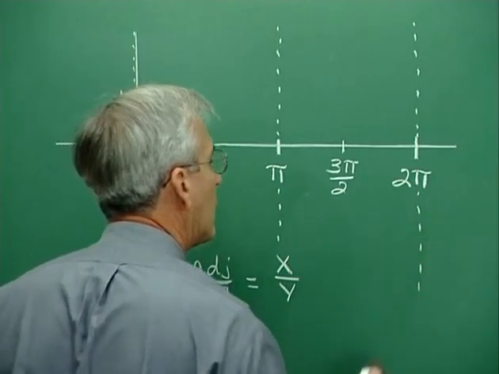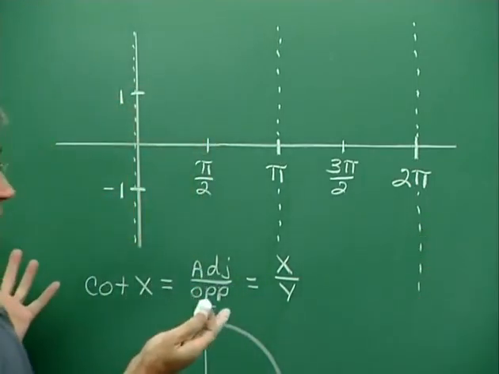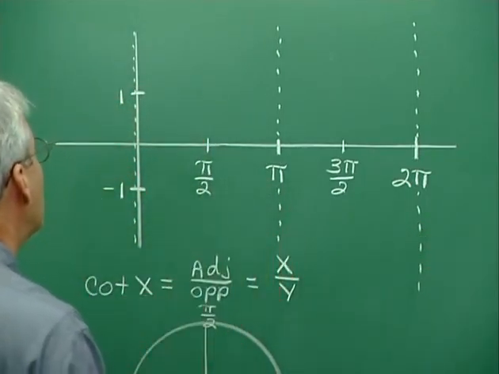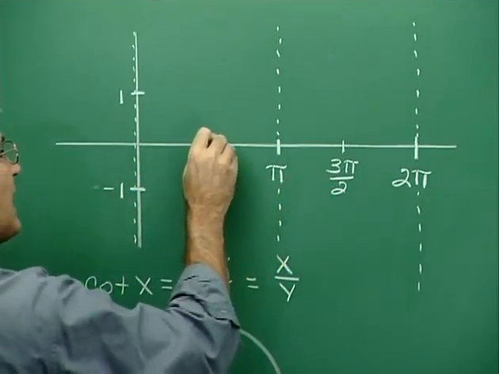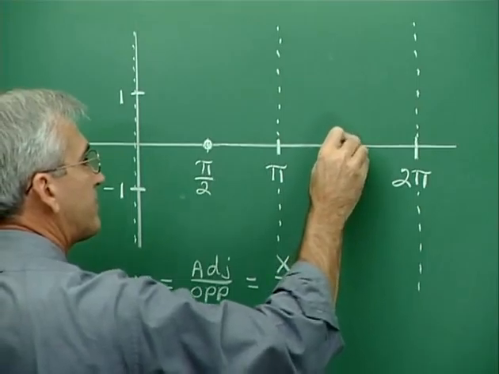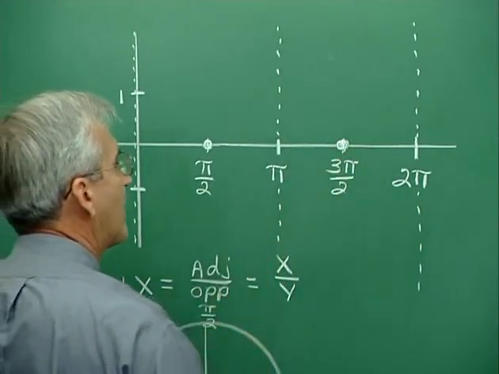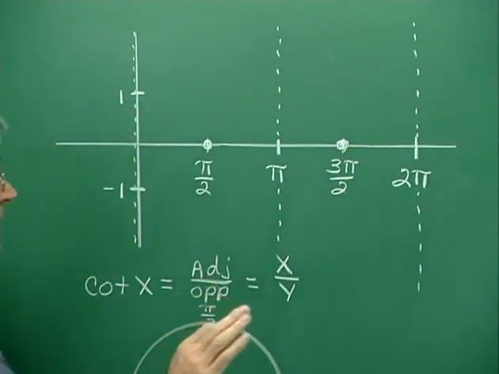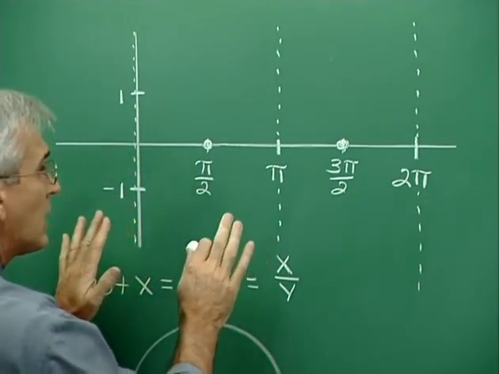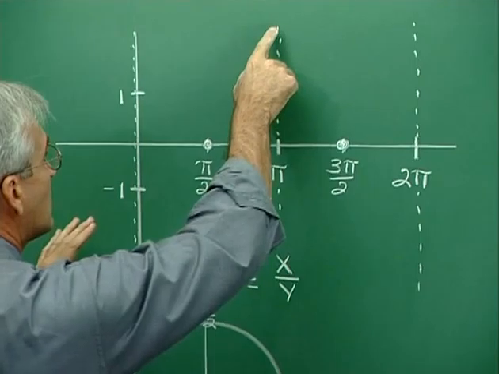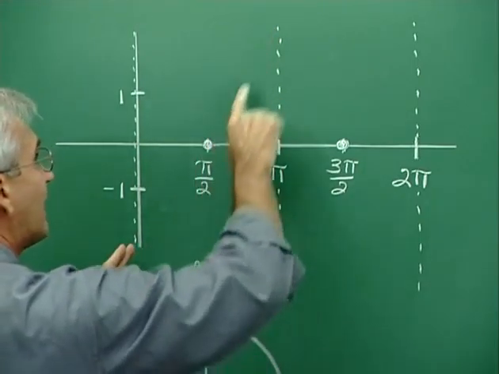All right, so now the trick is to discover how the graph behaves between the asymptotes. Well, at pi over 2 and at 3 pi over 2, we found the value of the function to be 0, so we know the graph goes through here. Now recall that the graph of the tangent function kind of increased from left to right.